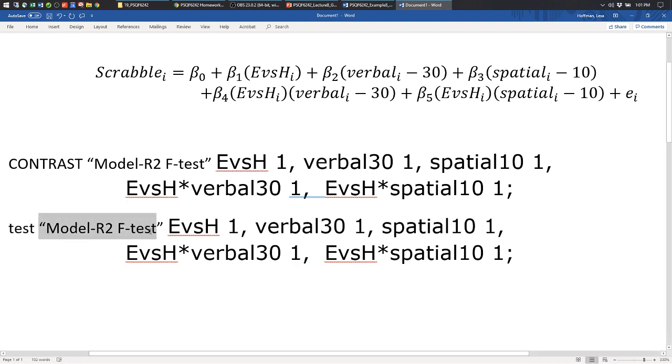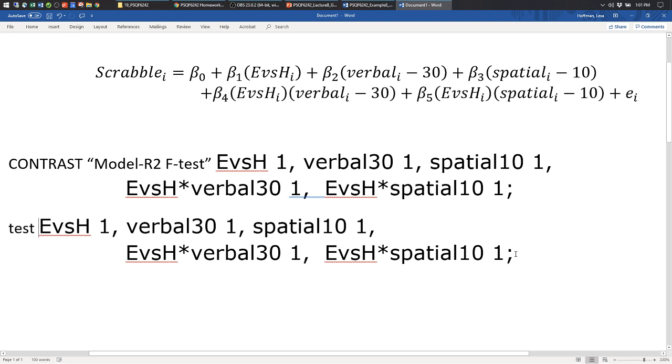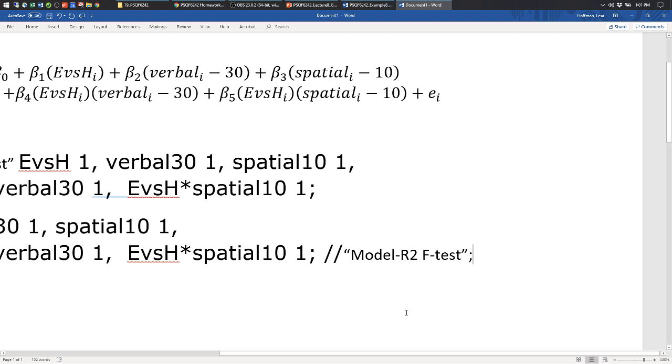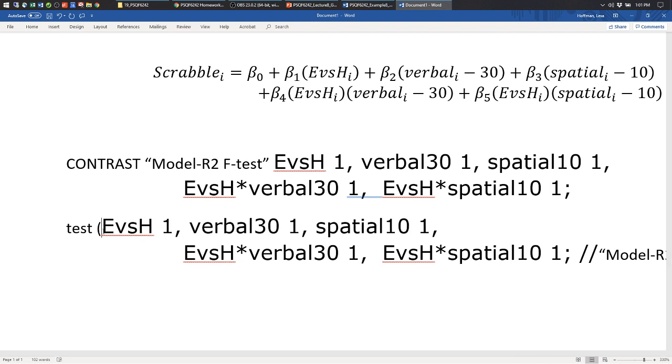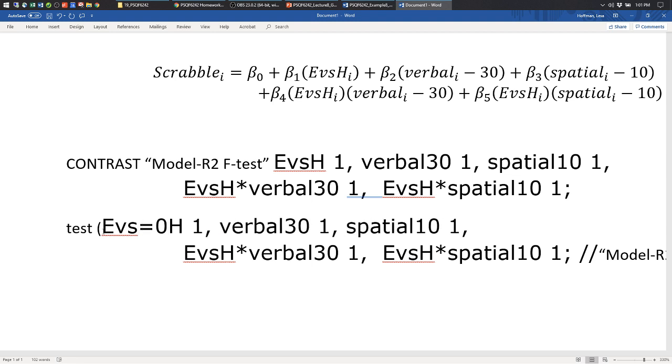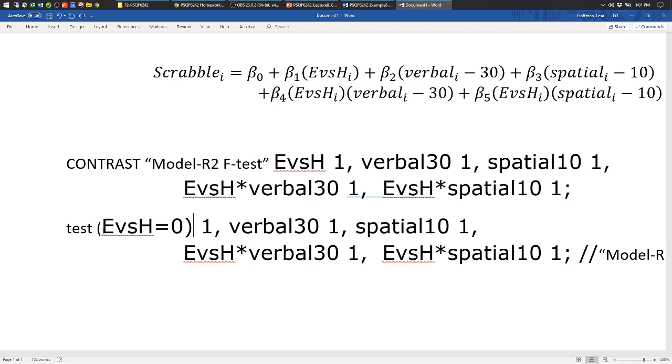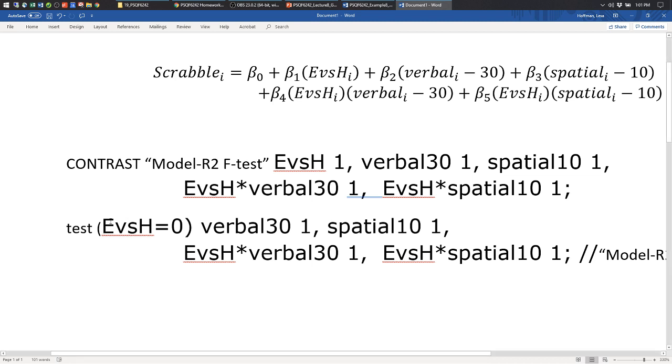It doesn't let you put in a label, which I hate, by the way. So we have to do that as a comment. It goes like this, parenthesis equals 0 for each. Equals 0, like that. So you do this same thing every single time.